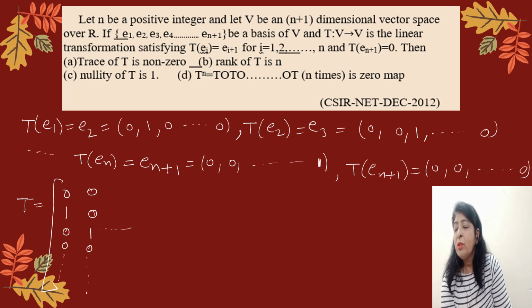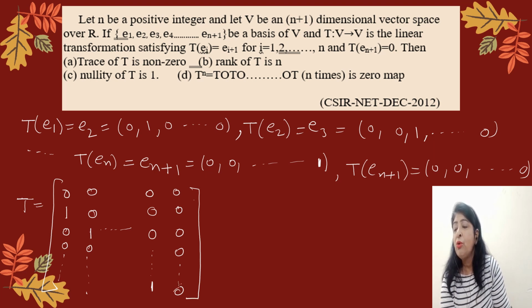Then 0, 0, 0 and so on 1, and 0, 0, 0, 0 and 0, as it's a matrix of order n plus 1. Now you can see that the first option is trace of T is non-zero. Trace is the sum of the diagonal elements, and the sum of the diagonal elements is 0. So this implies A is wrong.